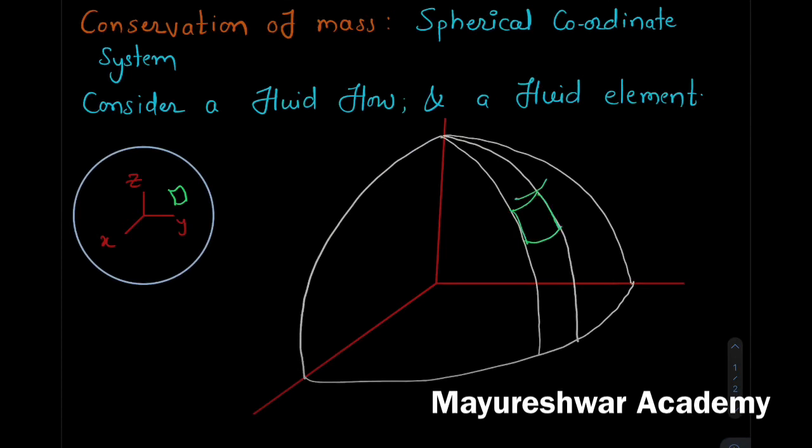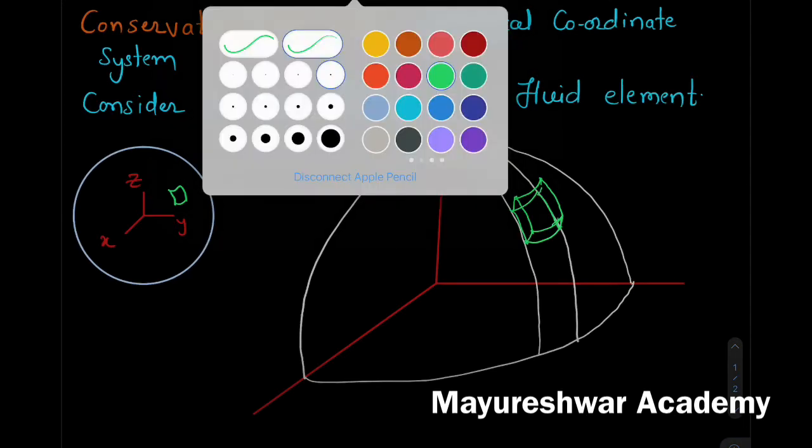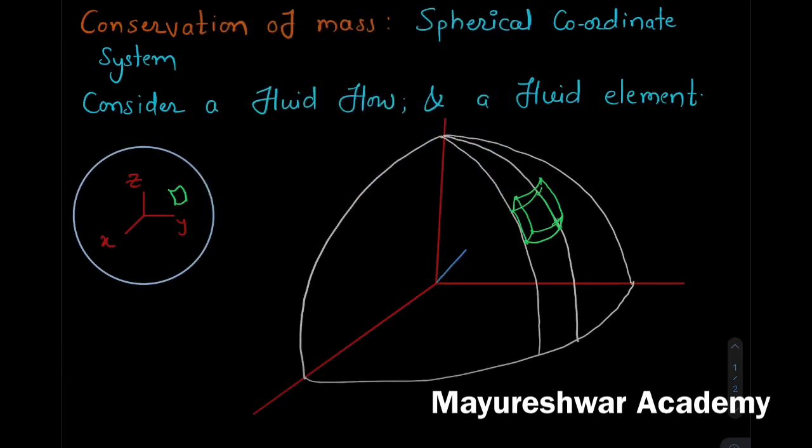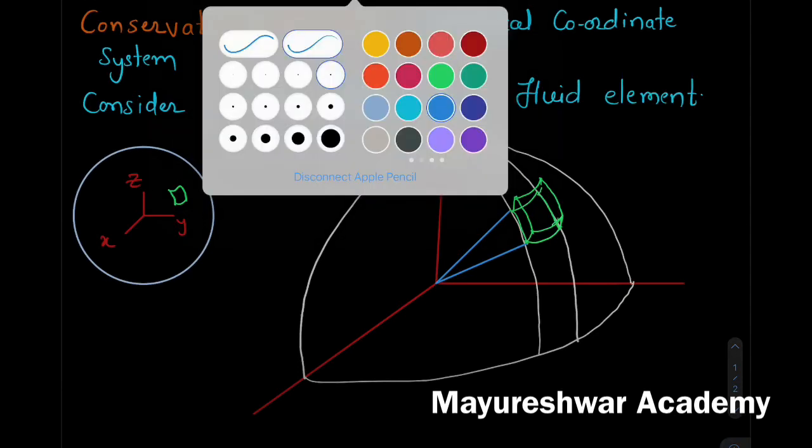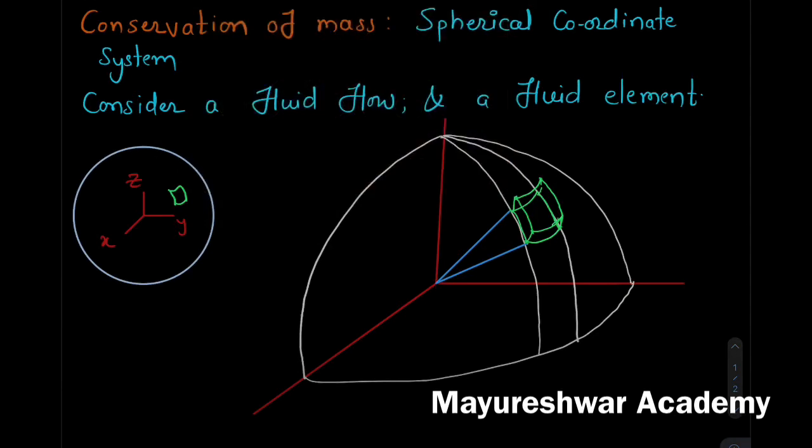Let us consider this as the thickness, and that is the shape of that differential element along the spherical shell or conduit. These are radial distances, located at distance r, and these are projections onto the horizontal plane.